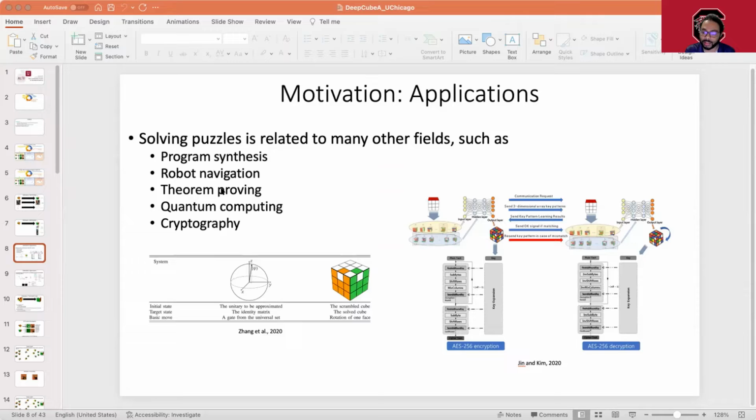We take inspiration from the way value iteration works and start from the goal and randomly generate states. We can randomly generate states by scrambling the goal 0 to n times. If we scramble it fewer times, we have states that are closer to the goal, and if we scramble it more times, we have states that are further and further away. So through our approximation architecture, we can propagate this signal from the goal to states that are further and further away from the goal.